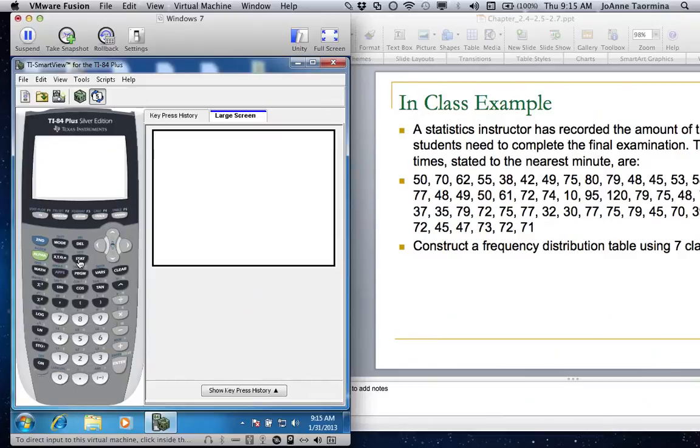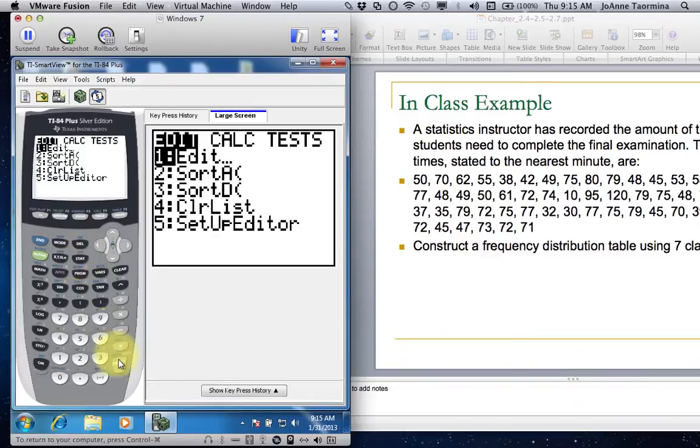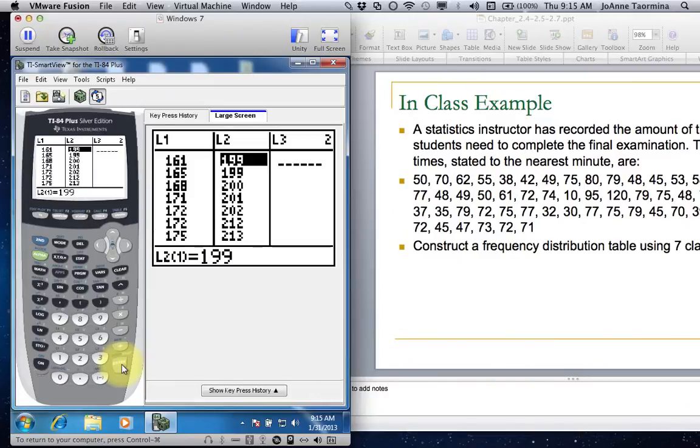Okay, so let's recall from last time, we pressed Stat. And with Edit highlighted, we hit Enter. And our data from earlier, last lecture, are still in there, L1, L2. So if we don't intend on using L1, L2 in the future, which we're not going to, we can remove these data values.